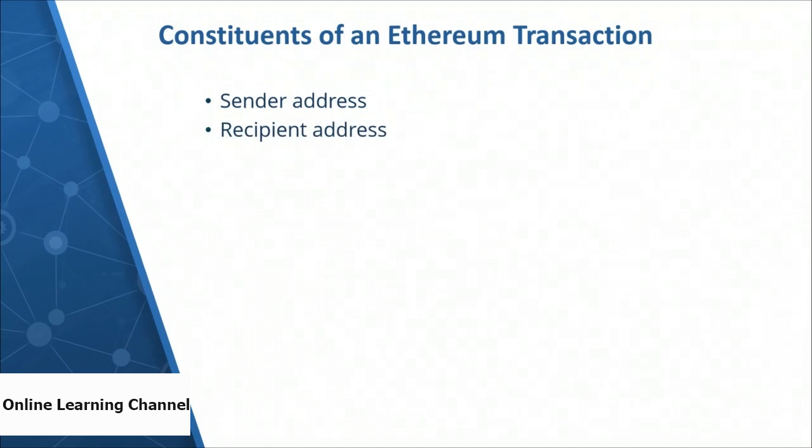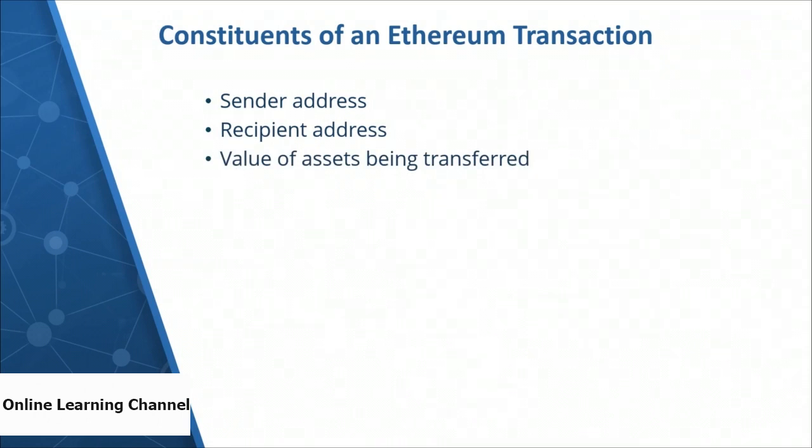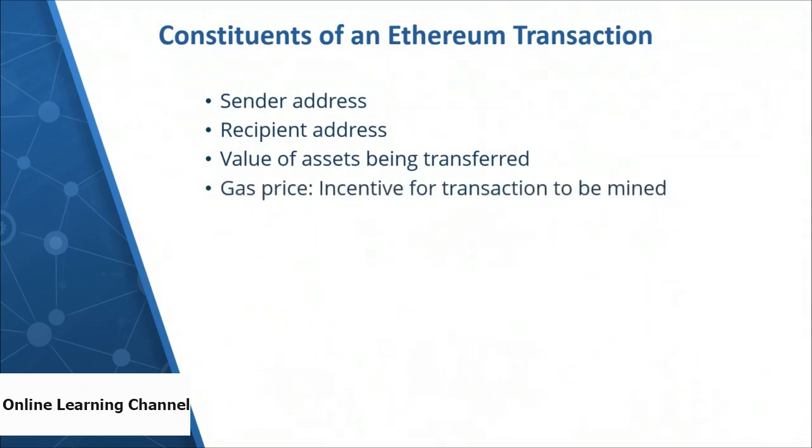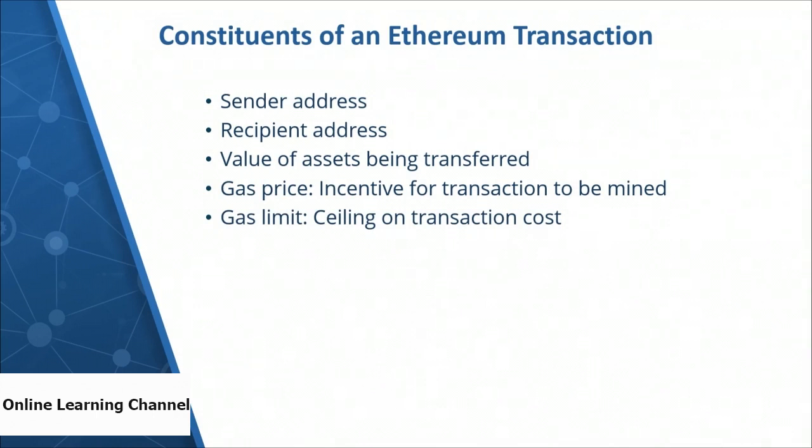And every transaction is associated with a value of assets which are being transferred from the sender to the recipient. In addition, one can also set a gas price in the transaction body, and this is effectively an incentive for the transaction to be picked up by one of the mining nodes. There is also a gas limit which can be set in a transaction, and this is done in order to impose a ceiling on the total transaction cost.